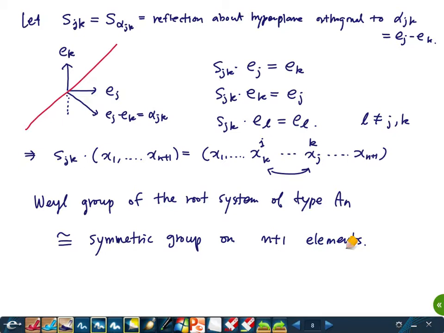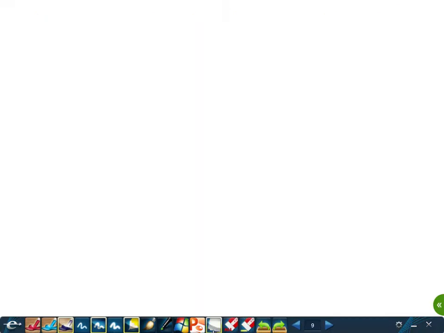Now let's consider type D_n. The orthogonal algebra, so(2n, C), which is type D_n.